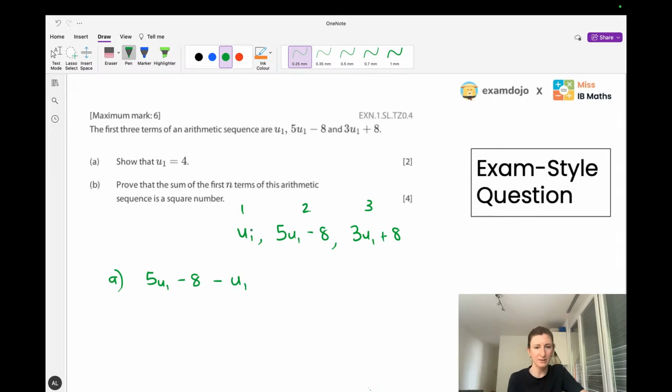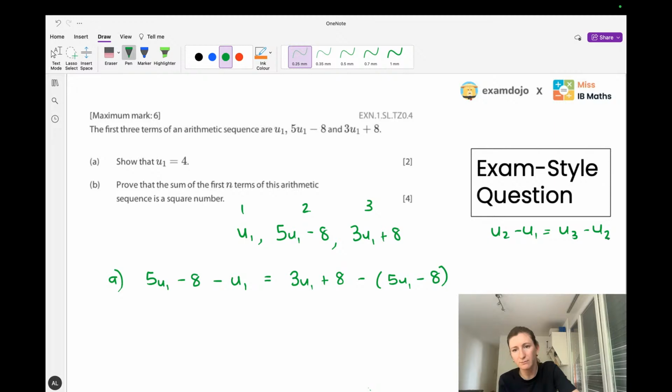Taking that minus that one is equal to this one minus this one. Like that, minus 5u1, don't forget brackets, minus 8. This is a relationship. That's saying that u2 minus u1 must be equal to u3 minus u2. Because we have to add the same amount to get to the next one.